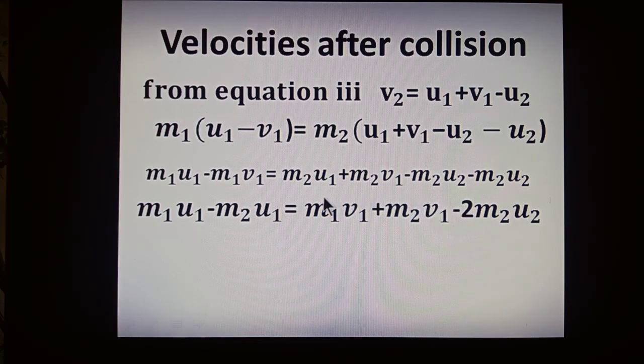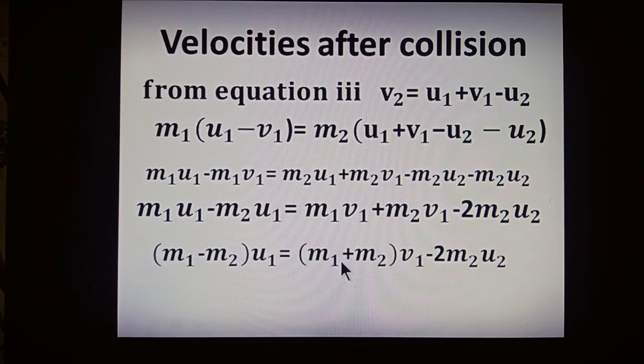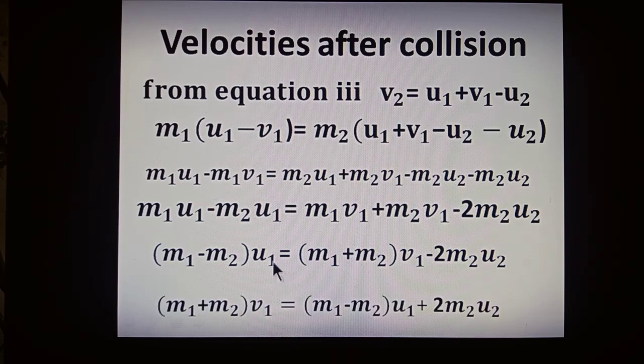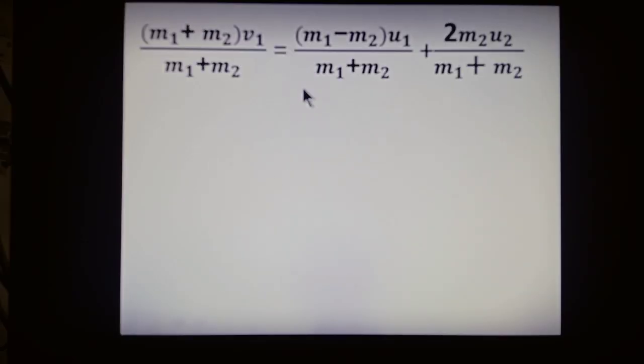Now from these two terms we will take v1 common, and from these two terms we will take u1 common. Solving this equation for v1, taking v1 on the left side and the rest on the right side, dividing both sides by m1 + m2.